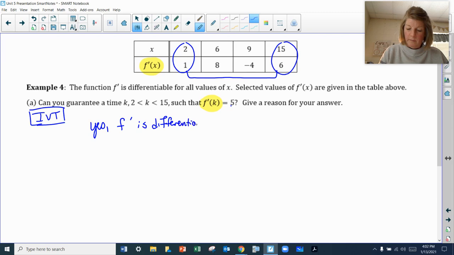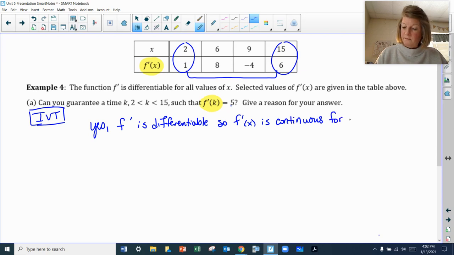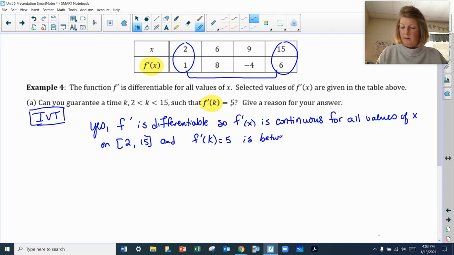So f prime of x is continuous. Continuous is the requirement for IVT for all values of x on 2 to 15, and f prime of k equals 5 is between f prime of 15, which is equal to 6, and f prime of 2, which is 1.